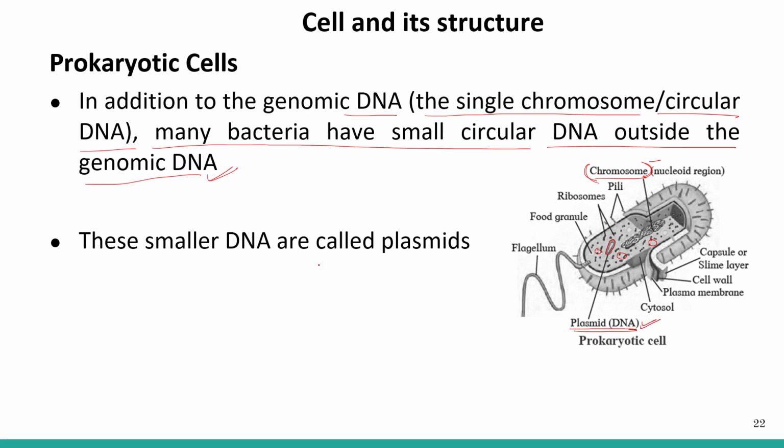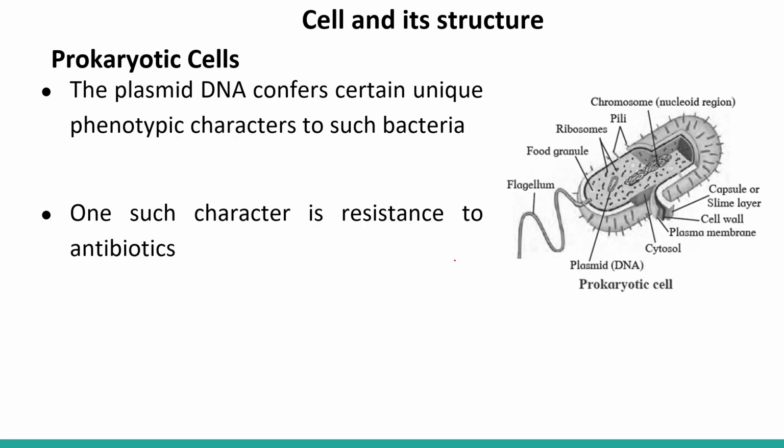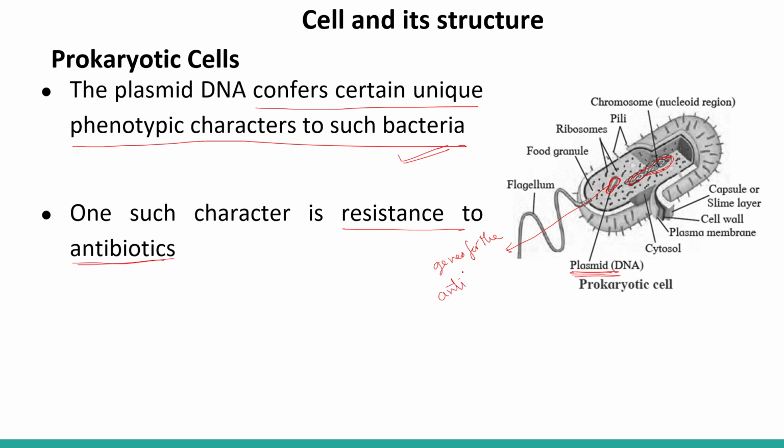So these smaller DNA are called plasmids. The plasmid DNA confers certain unique phenotypic characters on such bacteria. So these plasmids contain simply one or two genes. Okay. They contain fewer genes as compared to the main chromosomal DNA. One such character is resistance to antibiotics. So these plasmids contain genes for the antibiotics.